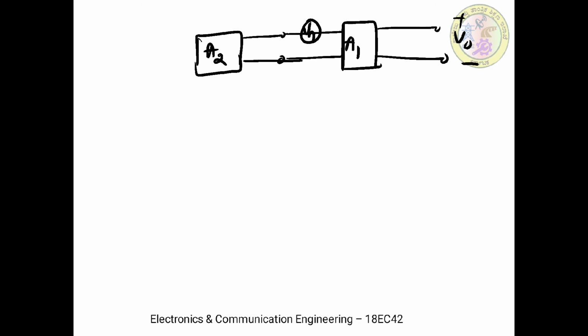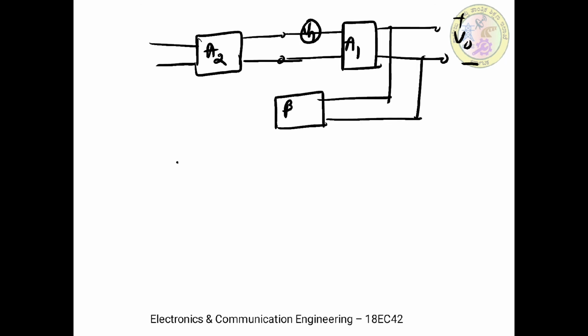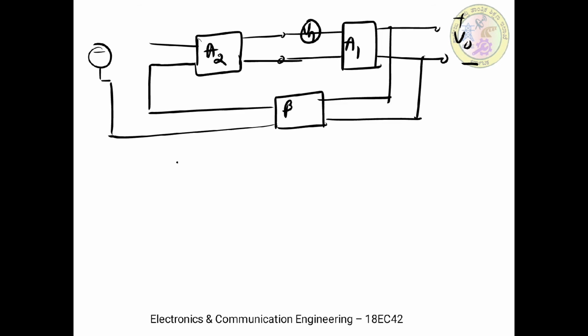And now we have the feedback block, that is beta, which is connected to the signal source Vs. Here we have the feedback beta into V0.